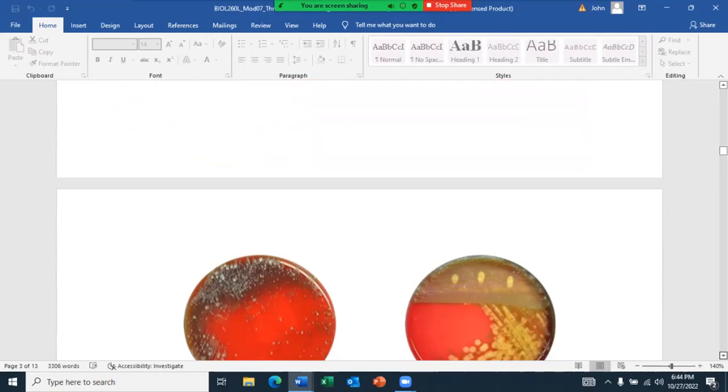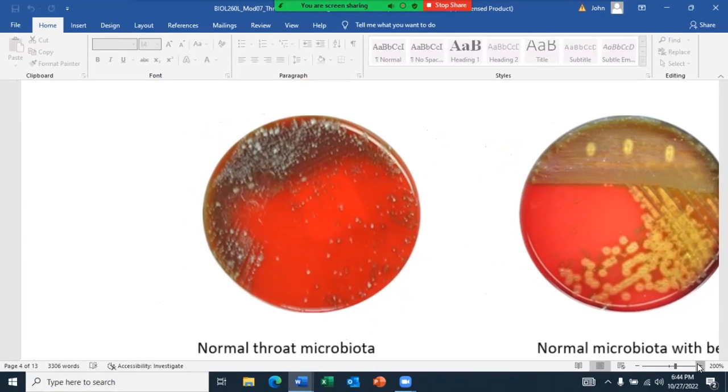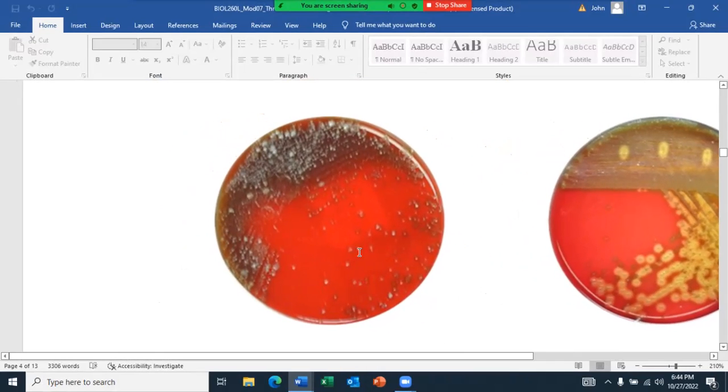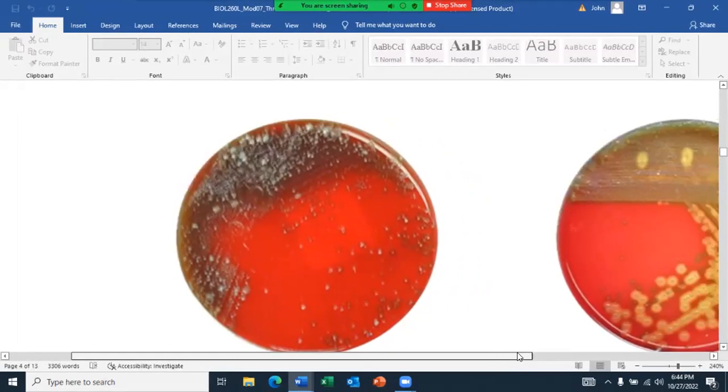So if you have, let me see if I can blow this up. This is bacteria growing on the plate, and that looks like alpha hemolysis because it's darkening. This right here, well, maybe not. Let me blow that up further. That might be gamma hemolysis right there, but that might be very small alpha hemolysis, very slight.